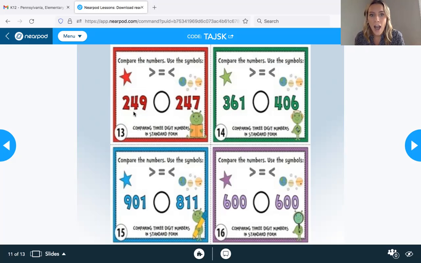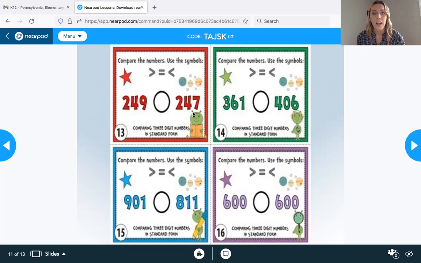So we're going to take a look at the tens place. 249 has how many tens? 4 tens, you're right. 247 has how many tens? 4 tens. Oh no, second grade. What do we do now? We're going to take a look at that last place value.